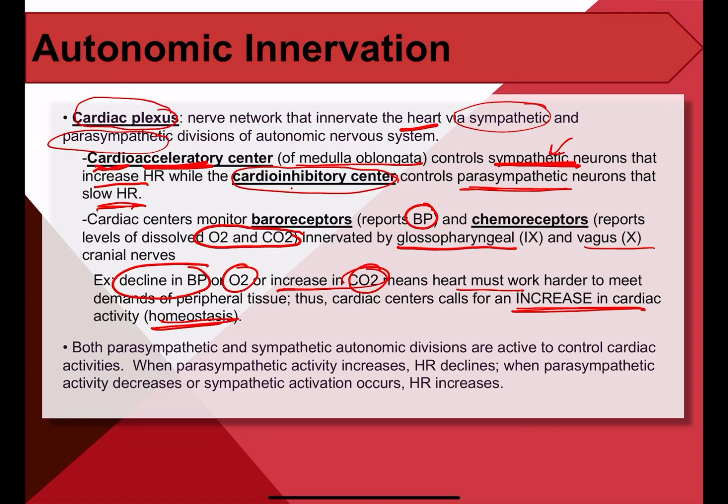Both nervous system divisions are intervening every now and then to readjust your heart rate according to your body's demand at the moment. So when parasympathetic activity increases, your heart rate will decline. And when sympathetic activation happens, or if parasympathetic activity decreases, your heart rate should increase.